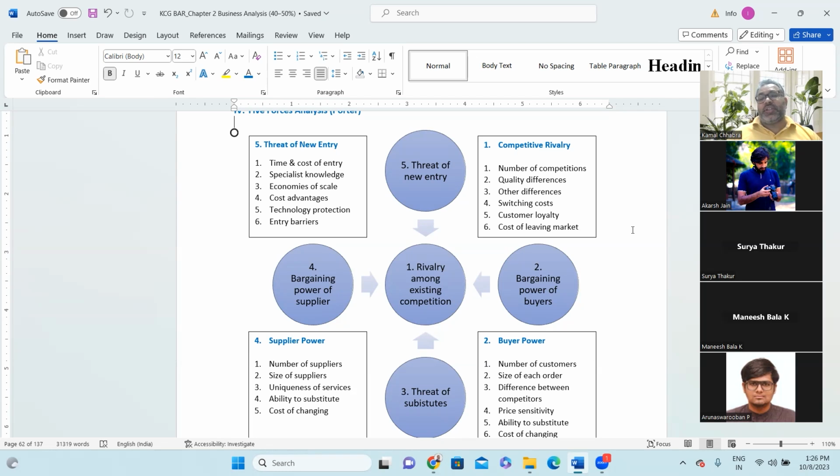Second is specialist knowledge. Like I said, when Patanjali started with Dant Kanti, even though they had knowledge of the product, they had 60% of the workforce from Colgate, right? That's specialized knowledge. Same way, many of our sales team are also joining from competition, right?